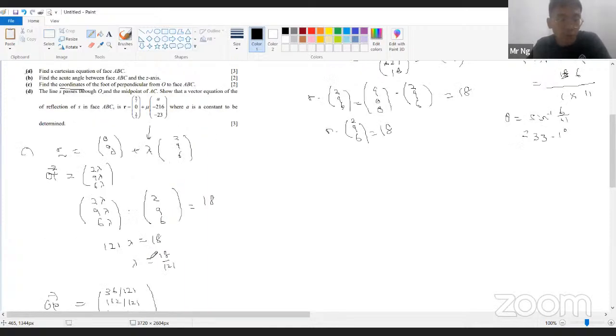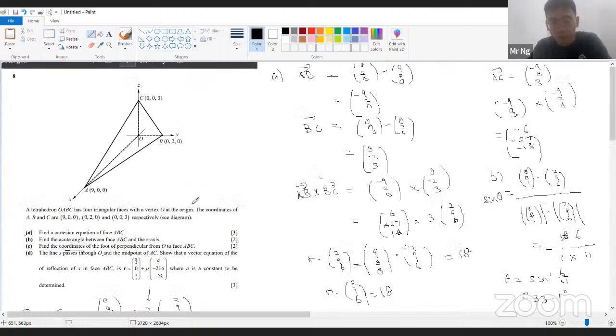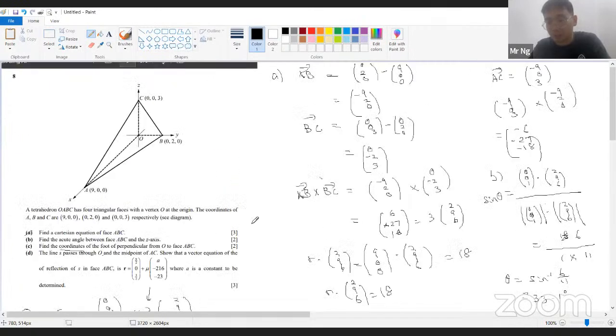So that is OF, the foot of perpendicular. I'm not very confident with this. It looks a bit weird, but it still makes sense because just now we got a perfect square root here.